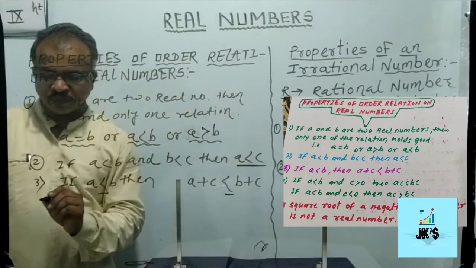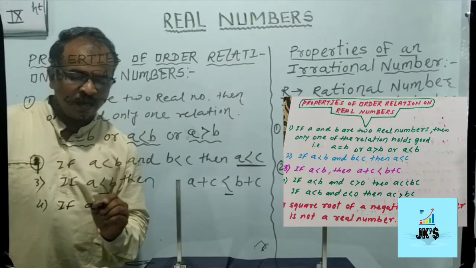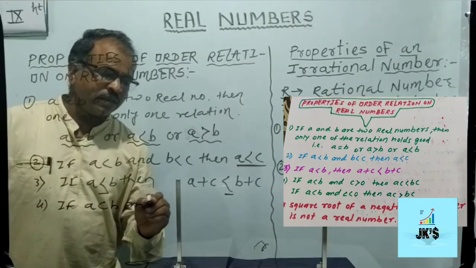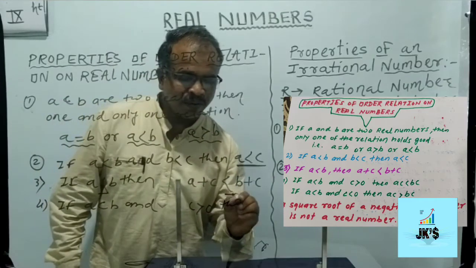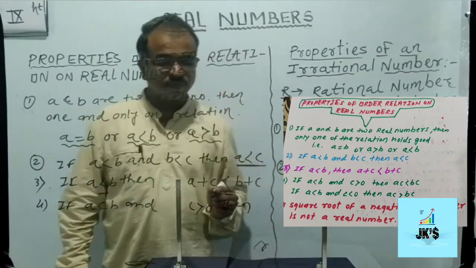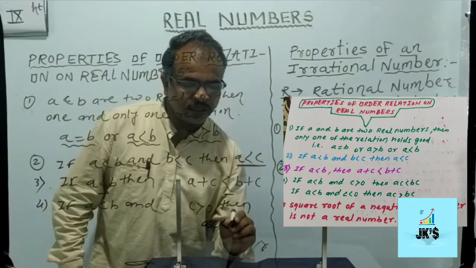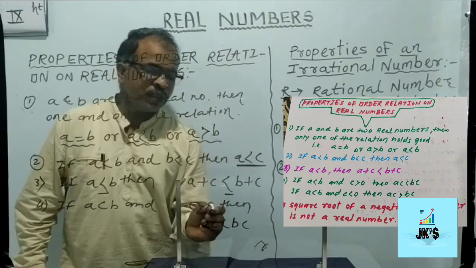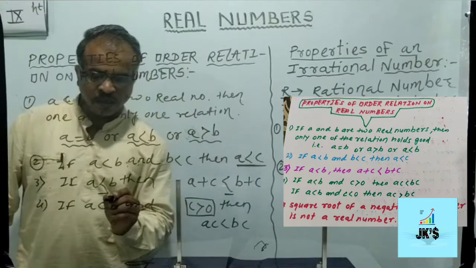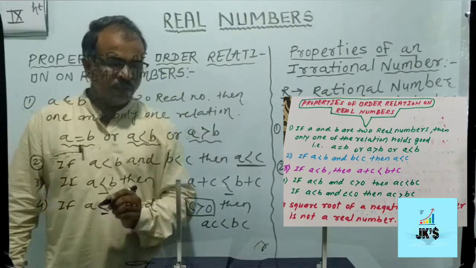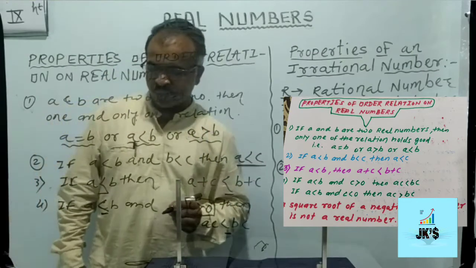Fourth one: if A is less than B and C is greater than 0, then what happens? The product AC is less than BC. C greater than 0 means C is positive, so the relation between A and B holds the same: AC is less than BC.